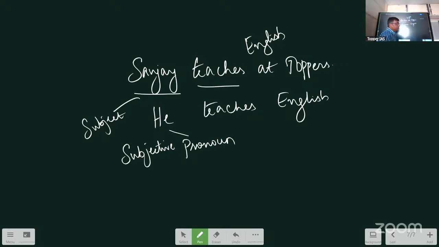Because it replaced a noun in the subject position. Subject position ಅಲ್ಲಿ ಇದ್ದ noun ನ replace ಮಾಡ್ತು. ಅದಕ್ಕೆ it is called subjective pronoun. Is that clear, all of you? ಅರ್ಥ ಆಯ್ತಾ? Sure?